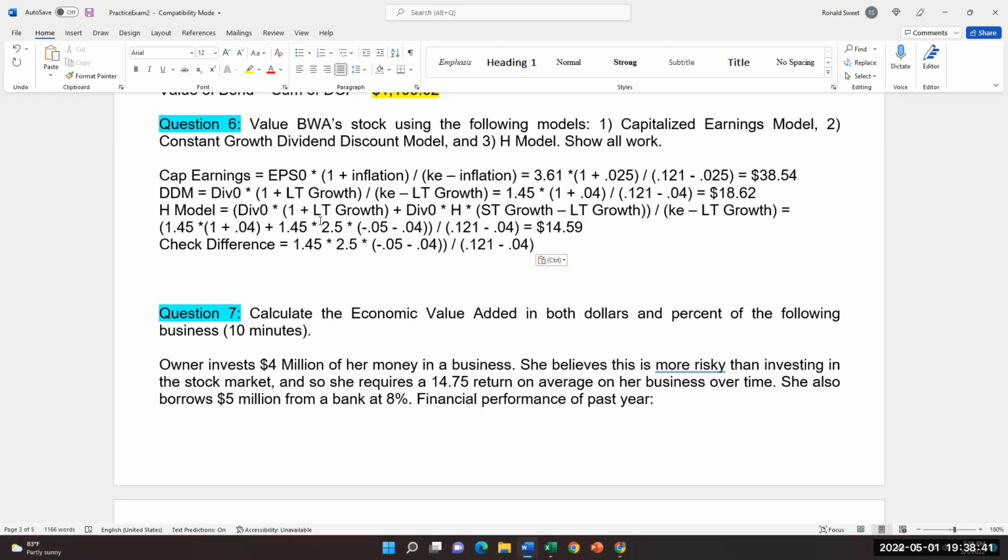We get minus 4.03. 18.62 minus 4.03. Does that equal? And it does, 14.59. You don't have to do the check, but you know, why not?